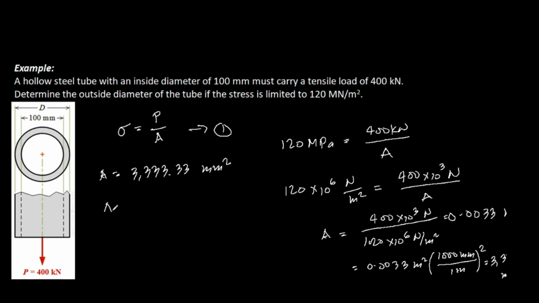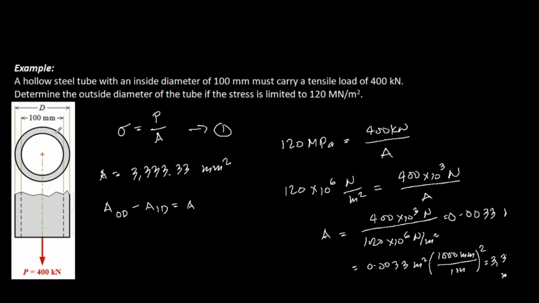The area of the outside diameter minus the area of the inside diameter is the cross-sectional area of the steel tube, which means the shaded area is the cross-sectional area of a hollow steel tube.